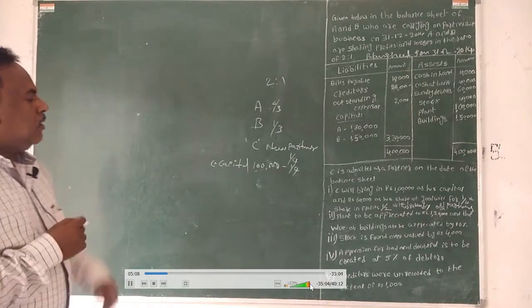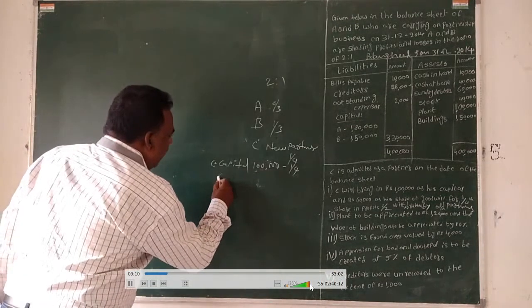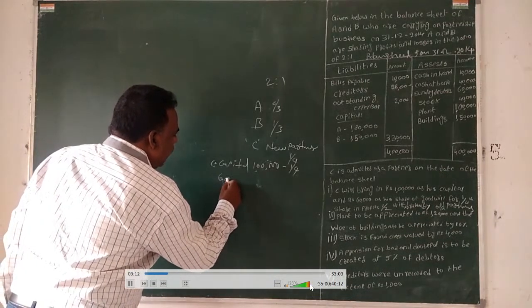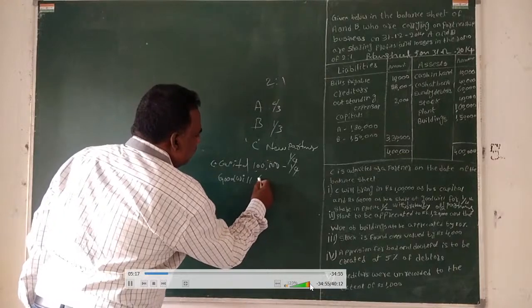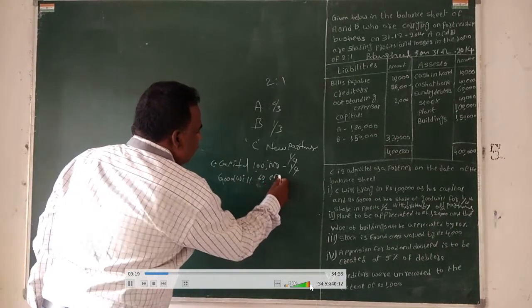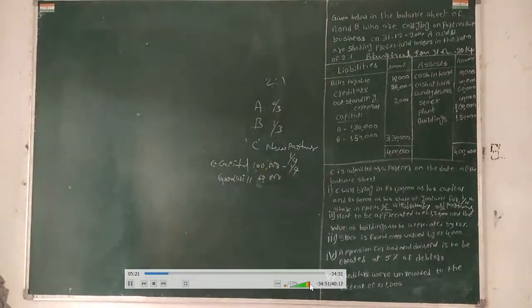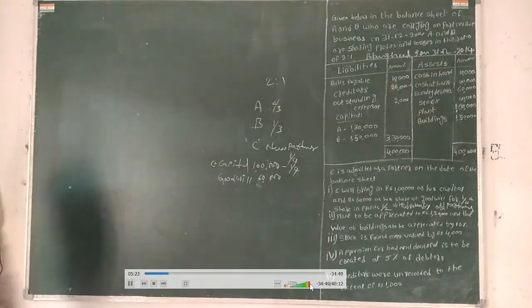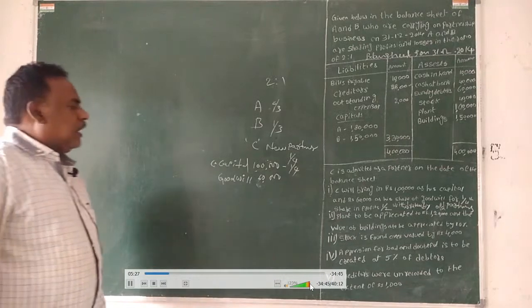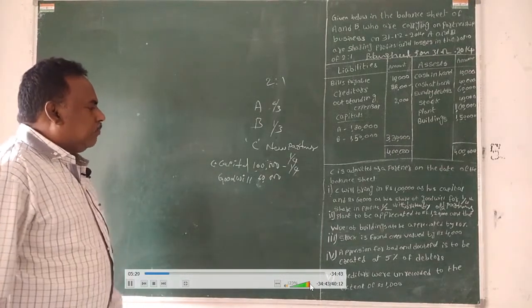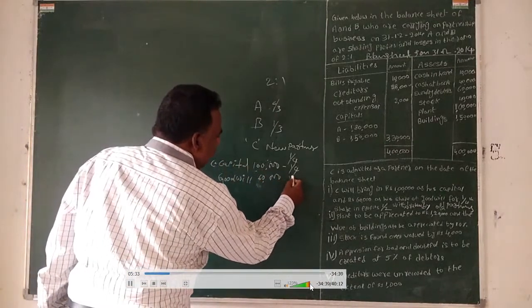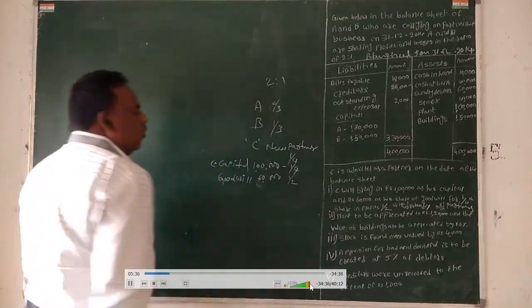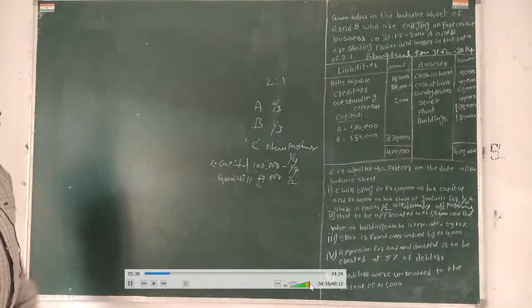In the goodwill amount, half of the amount is withdrawn by the old partners. Half of the amount, that means 30,000 rupees, is withdrawn by the old partners according to their old profit sharing ratio, in which A has a 2/3 share, so 20,000 is taken by A, and 30,000 multiplied by 1/3 is withdrawn by B, that is 10,000.